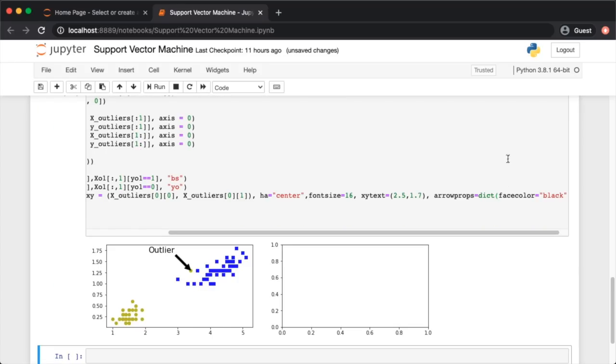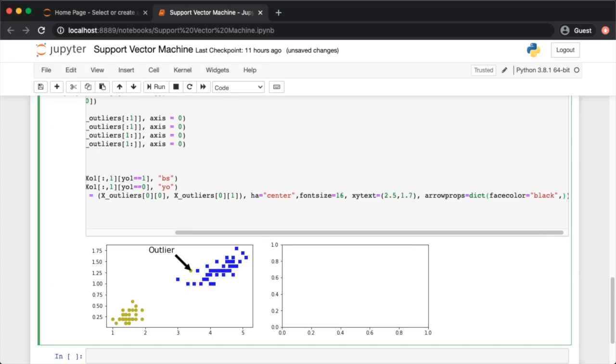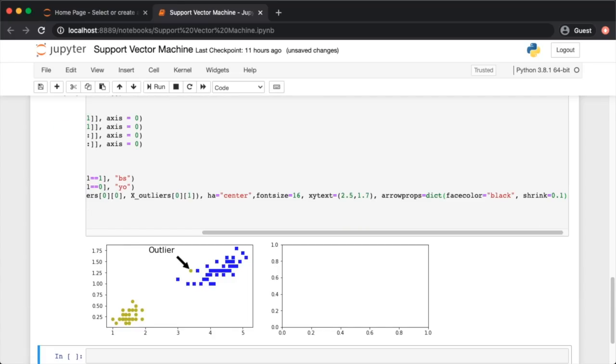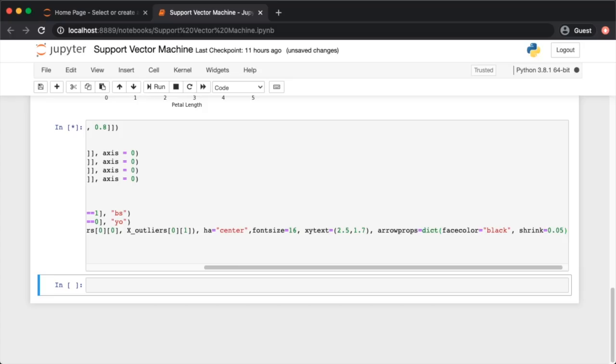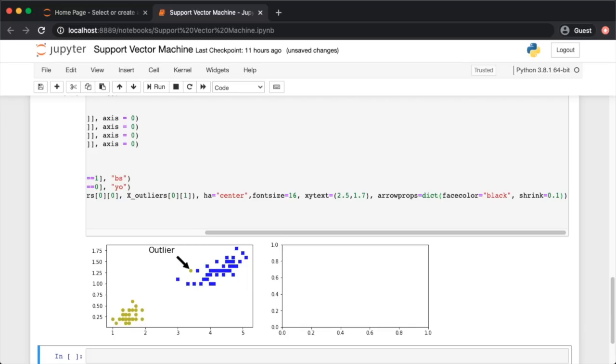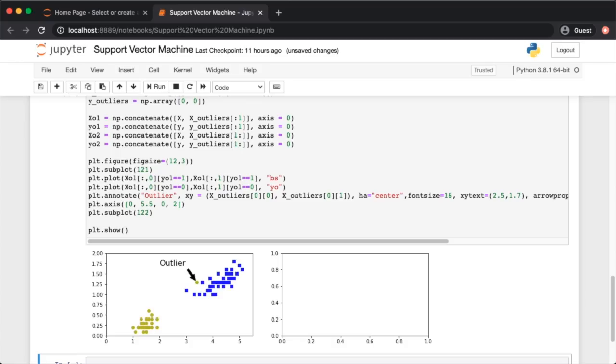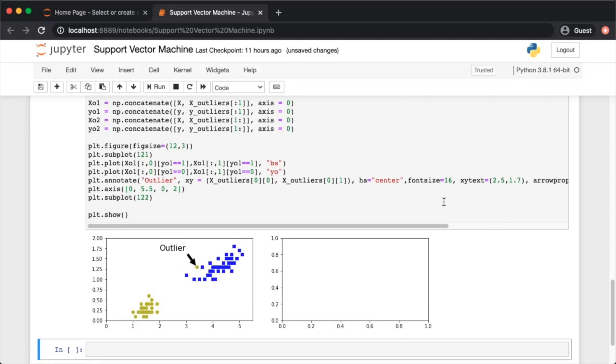Okay, let's shrink it because it's too big. I think the minimum is 0.1. Okay, that's good. Now let's limit our axis to, I don't know, plot axis. So x min, x max, y min, and y max. Looks good.